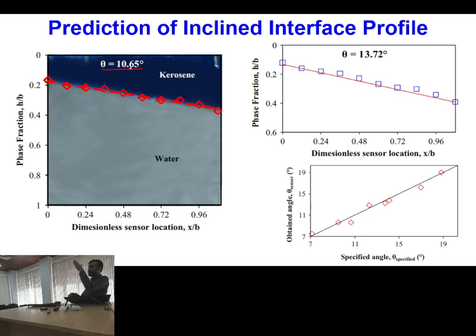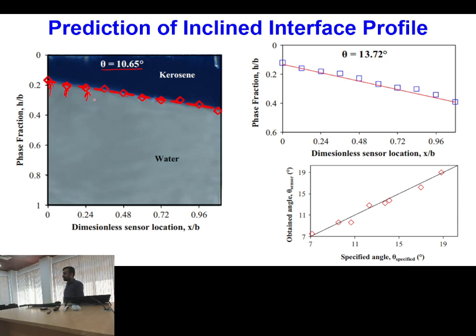If you incline your entire system at an angle of 10 degrees, because of the gravitational pull, the interface will remain stationary. If you take a photograph with reference to the inclined orientation, that will appear straight, and here you will actually have an inclined interface.